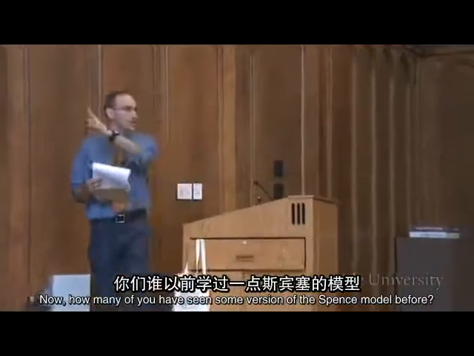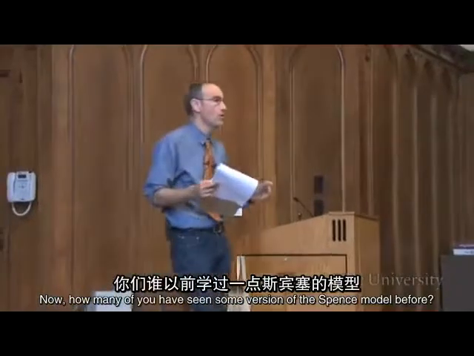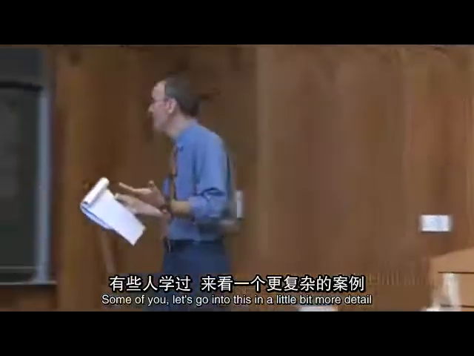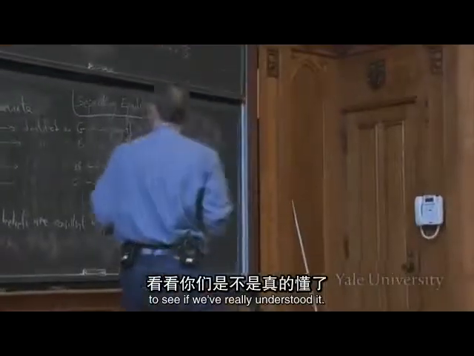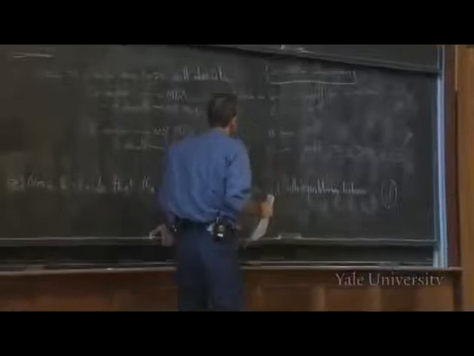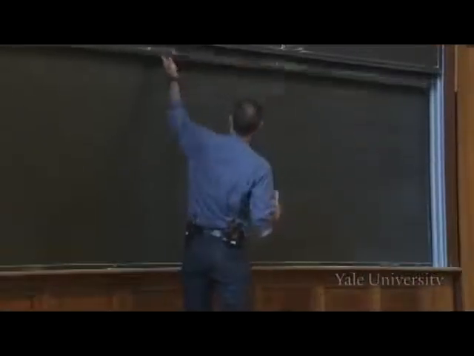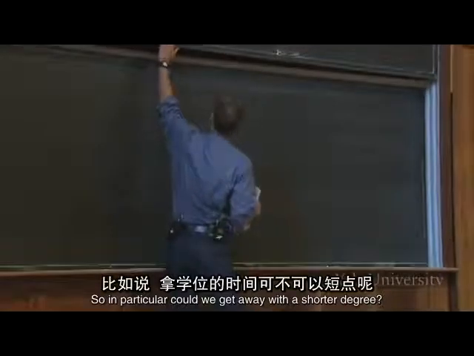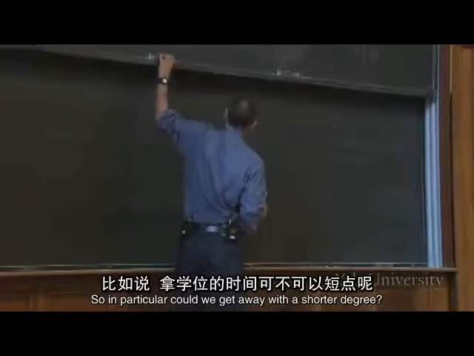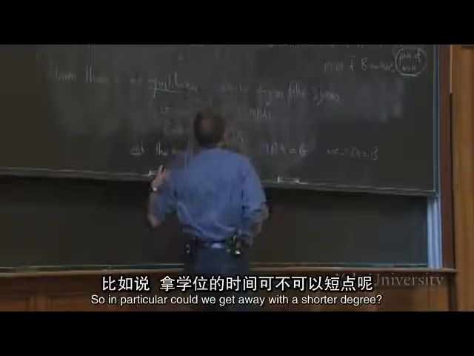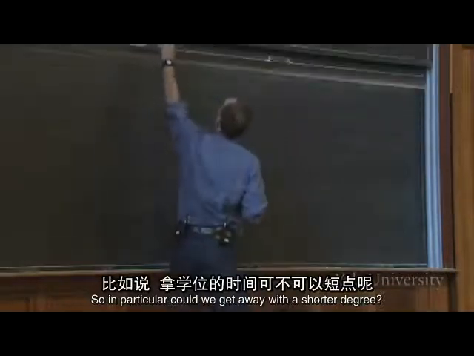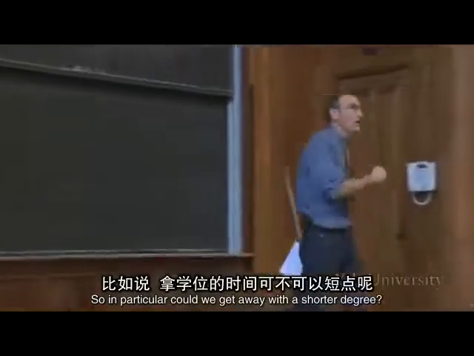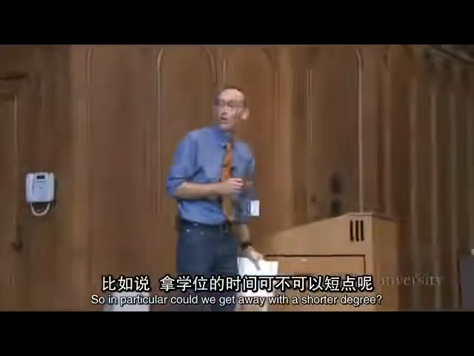Now, how many of you have seen some version of the Spence model before? Some of you, right? Let's go into this in a little bit more detail to see if we've really understood it. In particular, could we get away with a shorter degree?